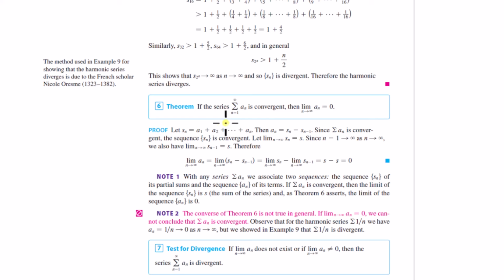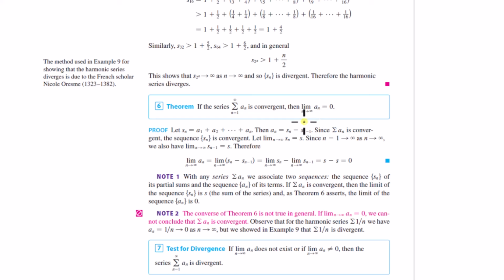If the series, any infinite series, so here's your sequence that's been put into an infinite series, if the series is convergent, meaning the infinite sum exists and it's a number, then it must be the case that the limit as n approaches infinity of a sub n is equal to 0, that the corresponding sequence converges to 0.